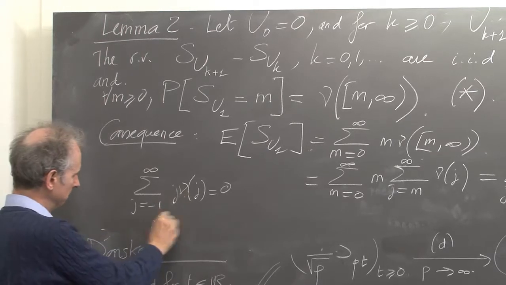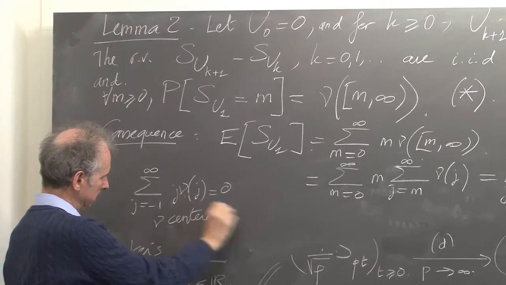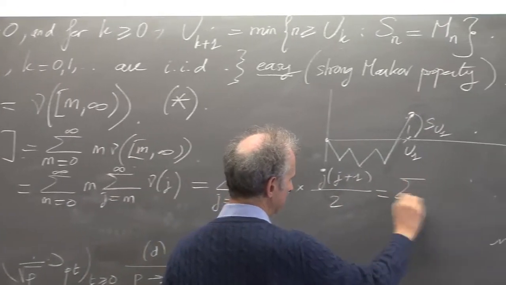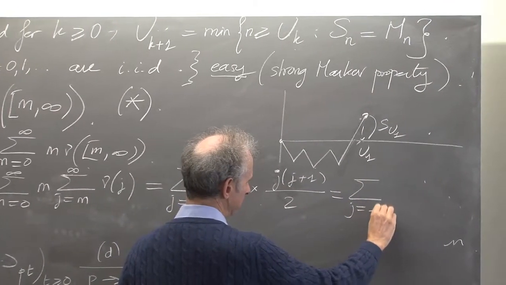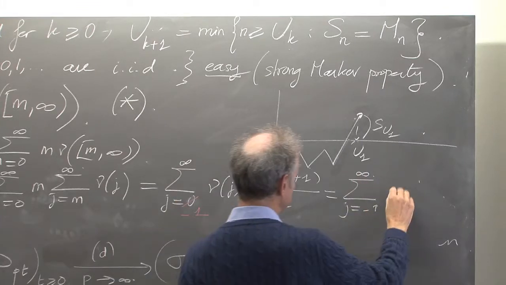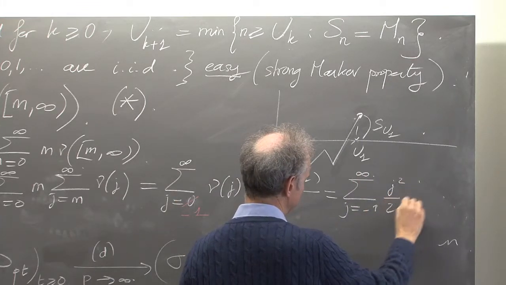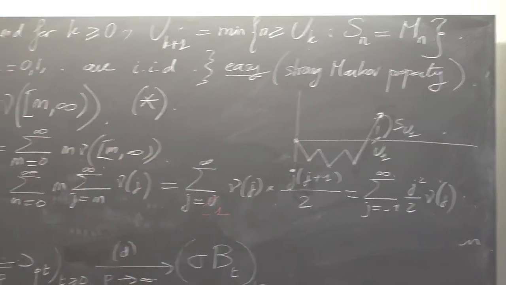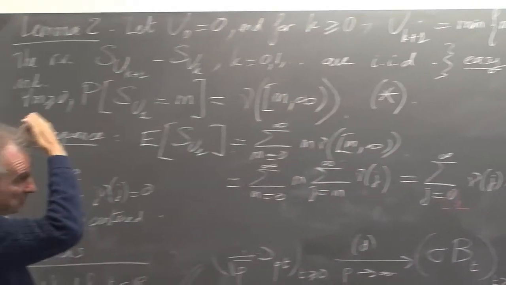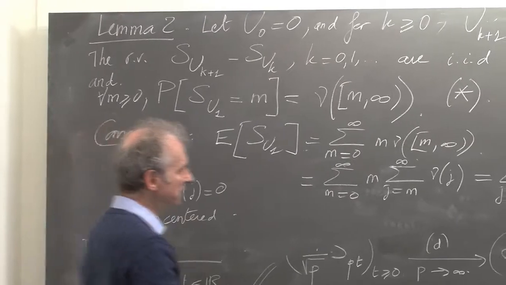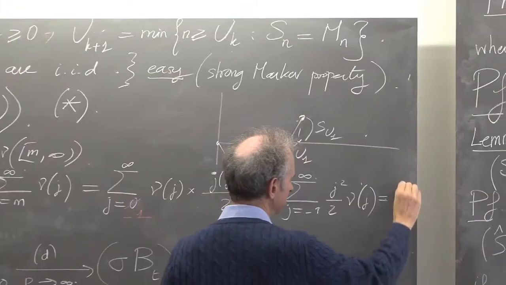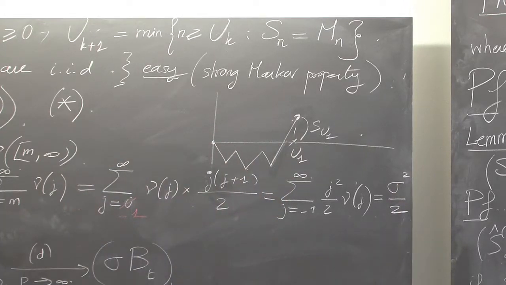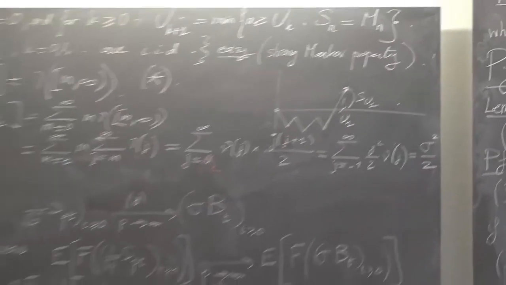So you can just erase this one, and I get the sum from j equals minus 1 to infinity of j squared over 2 nu of j. And this is just the variance of nu, which is sigma squared. So the result is that finally you get sigma squared over 2. It's a simple calculation.